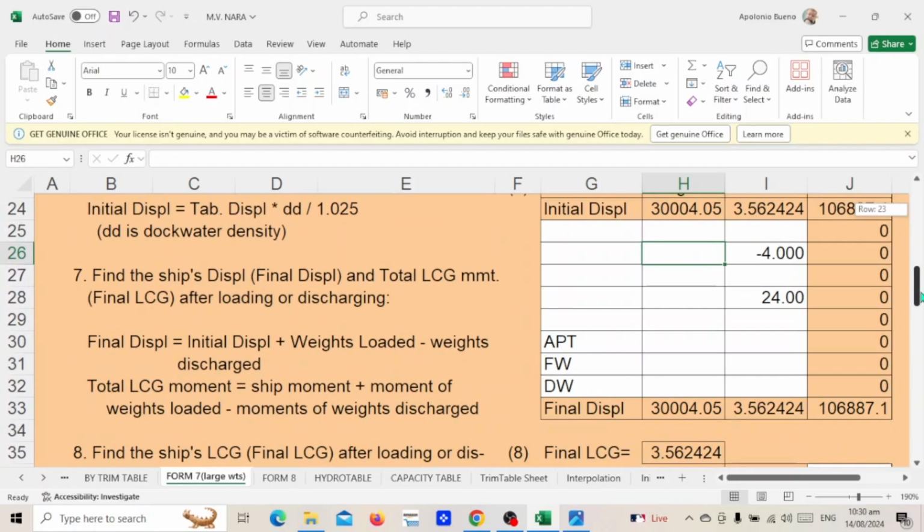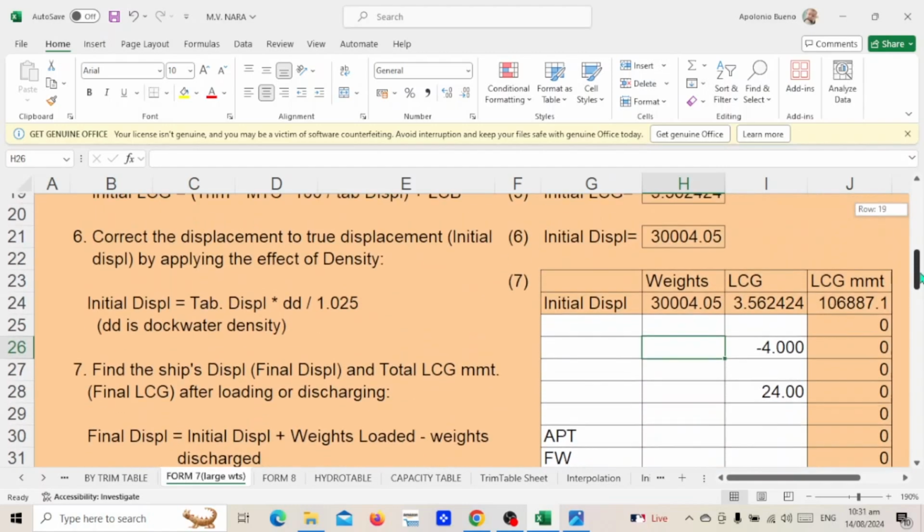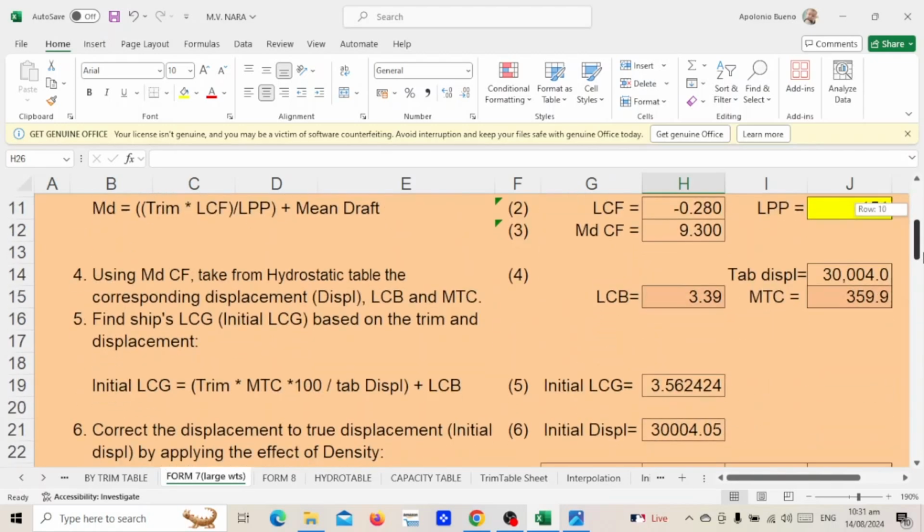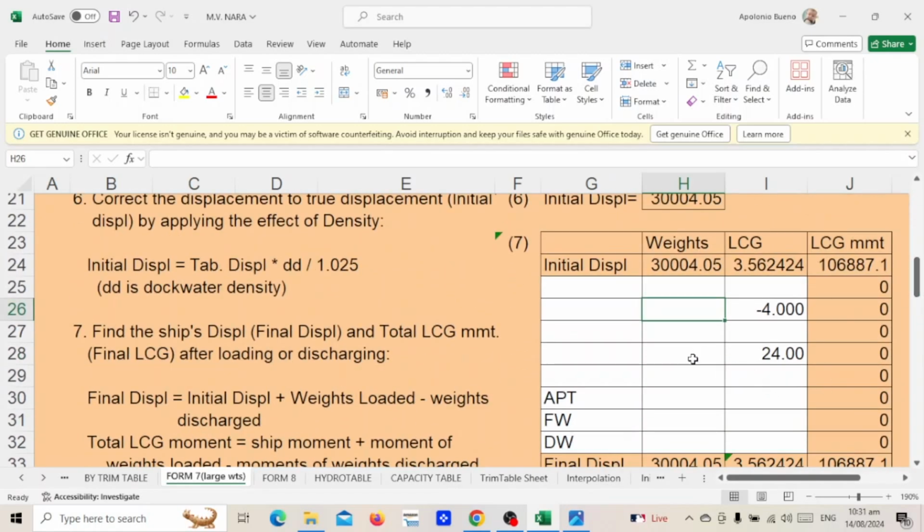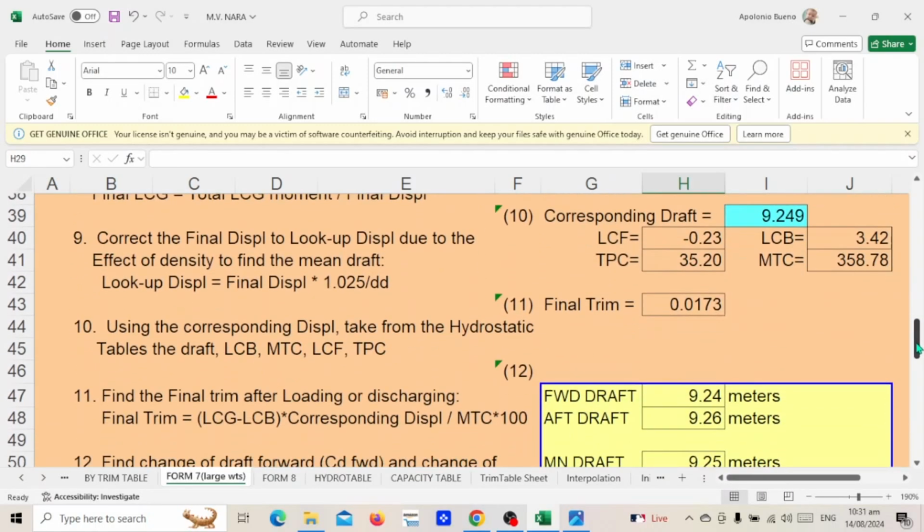So your new draft: 9.23, 9.37, then you take out negative 180 here. What will be your new draft? Your new draft should be 9.24 forward, and aft will be 9.26. Your mean should be 9.25.